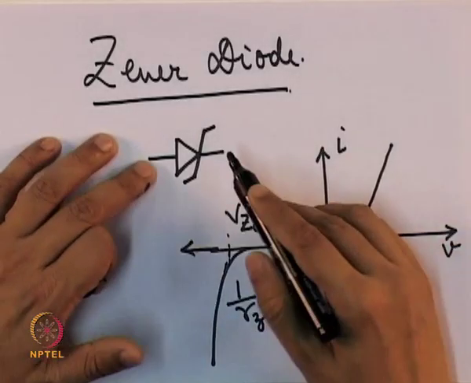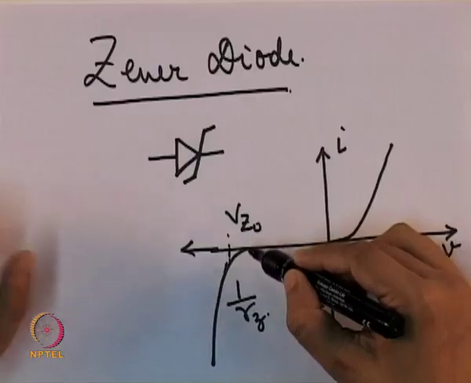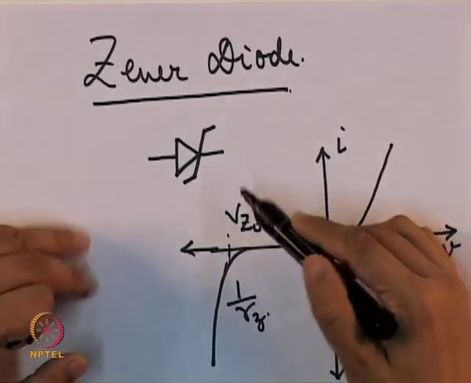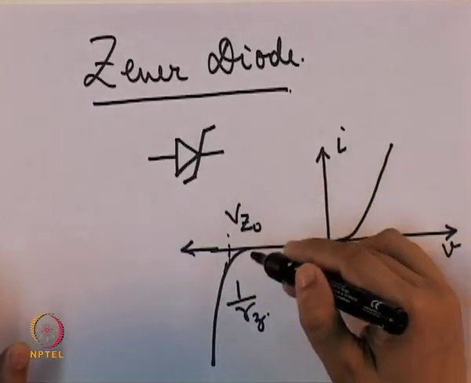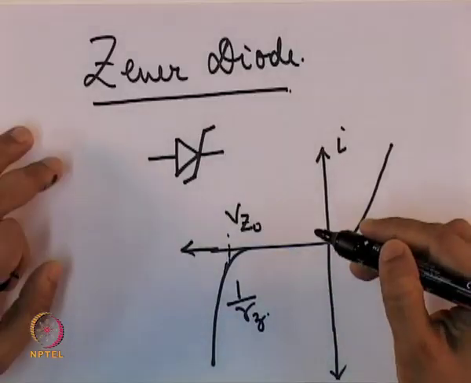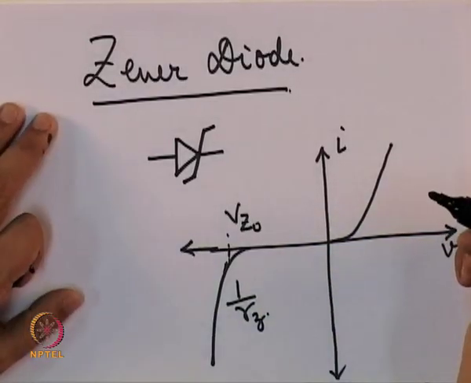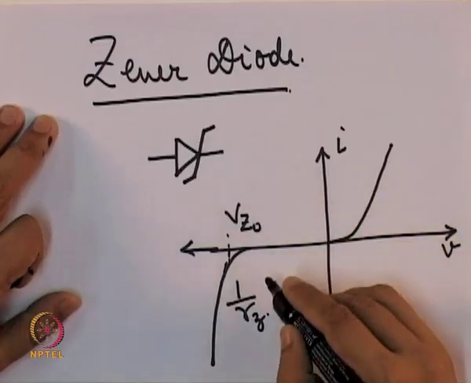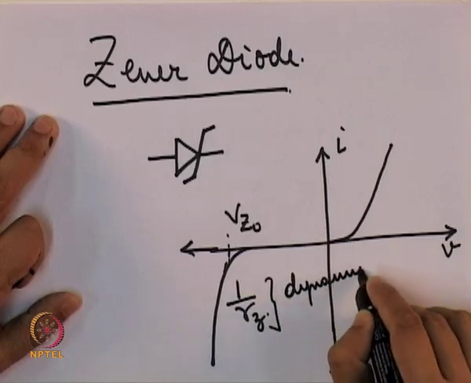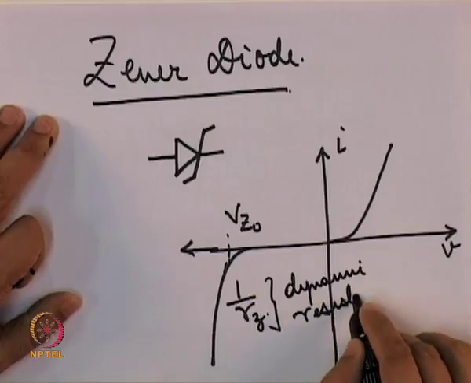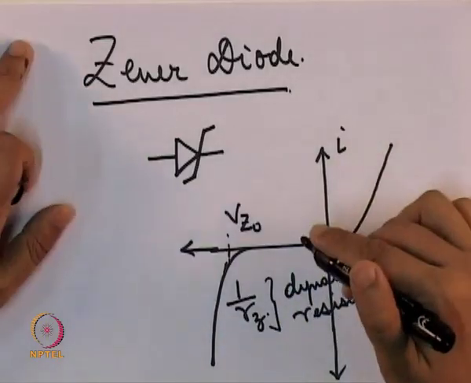Usually we know that in the reverse biased state a diode cannot conduct any current, but for this Zener diode, when the voltage is more negative than VZ0, there will be a sudden spike in current and the resistance goes from an infinite value to some finite value RZ. This RZ, by the way, is a dynamic resistance. Dynamic resistance means that it is an AC resistance, that it responds only when there is an AC input.